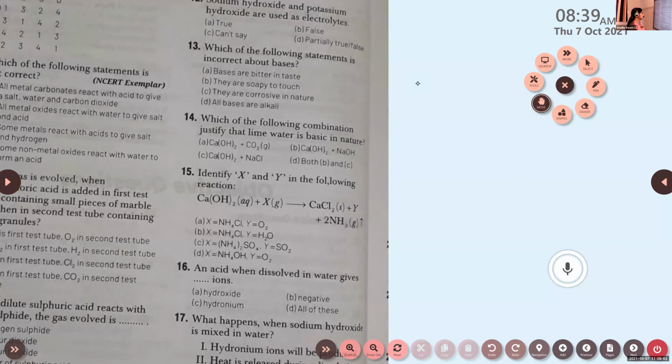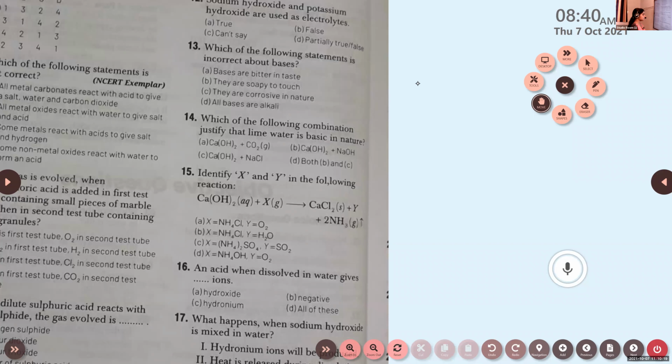The options given: A, X equal to NH4Cl, Y equal to O2. B, X equal to NH4Cl, Y equal to H2O. C, X equal to (NH4)2SO4, Y equal to SO2. D, X equal to NH4OH, Y equal to O2. So you have to identify X and Y in the above chemical equation.